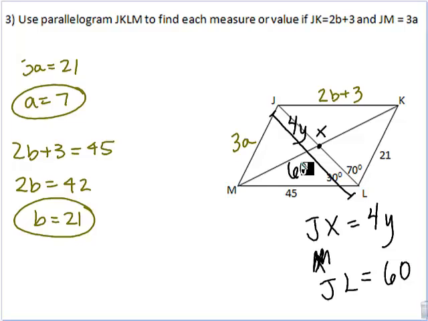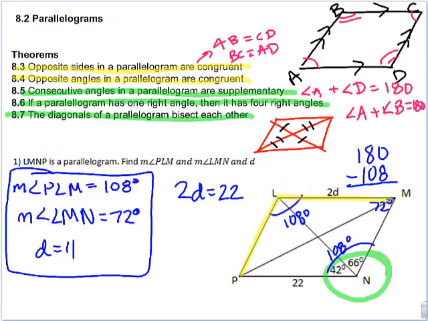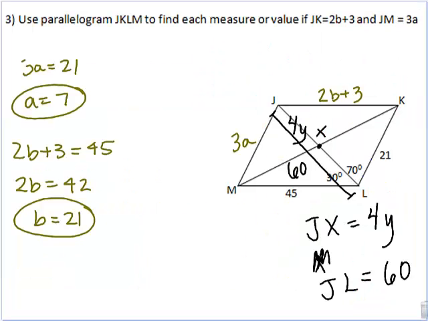What do we know about the diagonals, though? The diagonals bisect? Yes. So if the diagonals bisect, 8y equals 60. If this is 4y, that also has to be 4y.